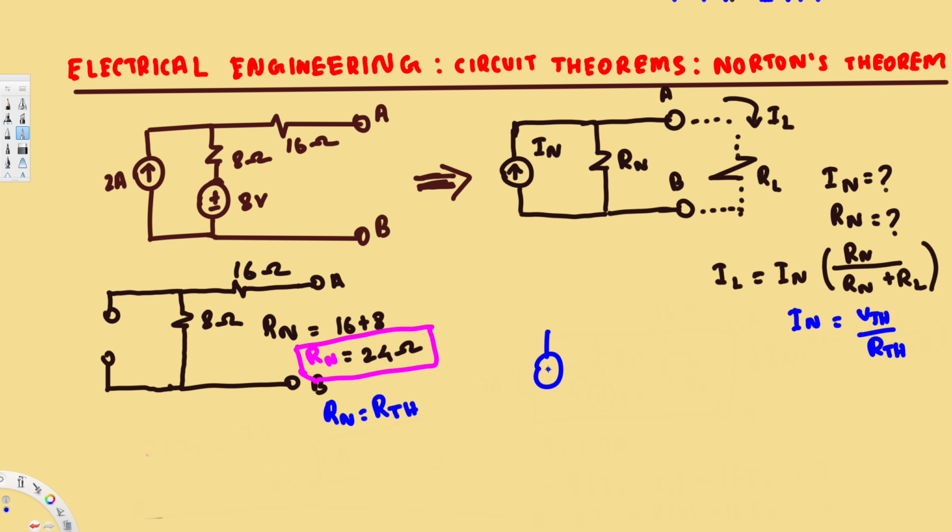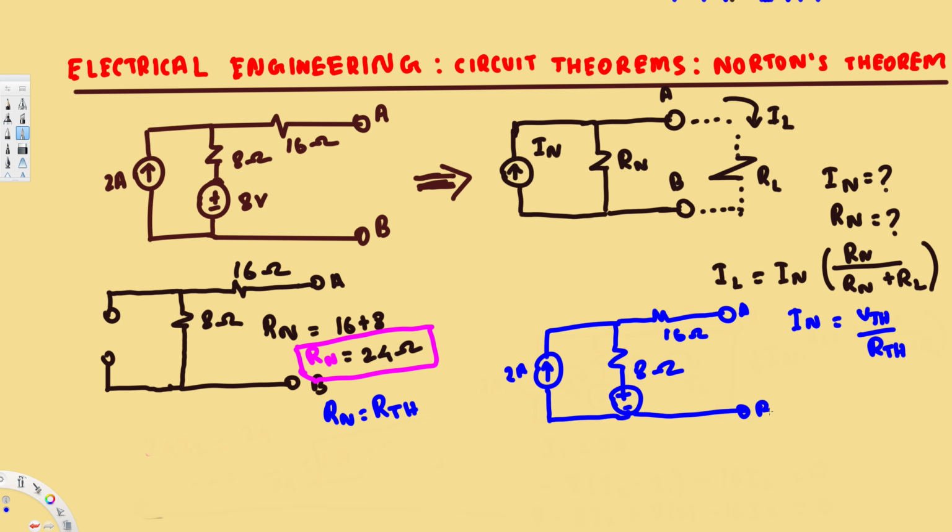So this is going to be 2 ampere, and here we have 8 ohm resistance, and also we have a voltage source, and we have 16 ohm, and this is A, and then this is B. Okay, so now at this node let's call the voltage V1, and the voltage across this one is V Thevenin.